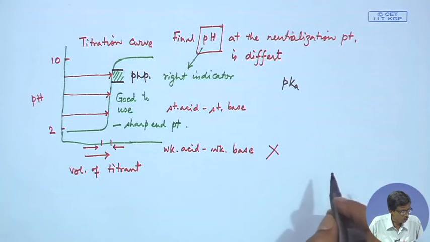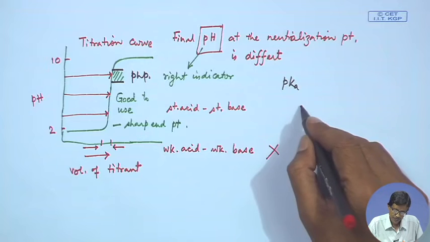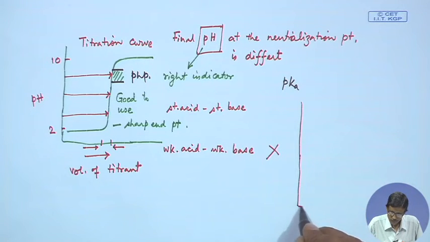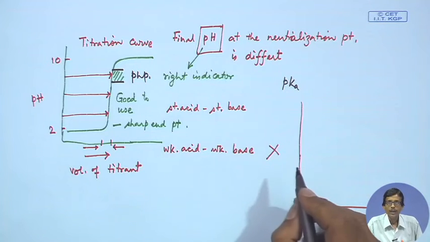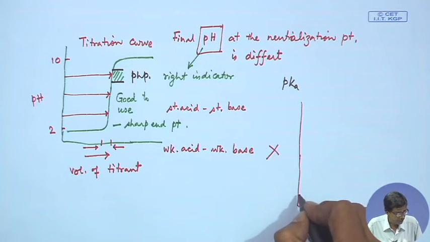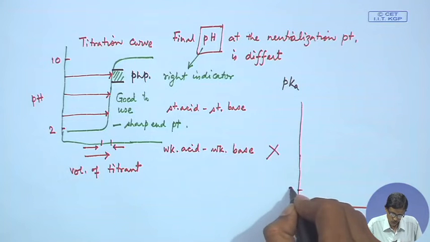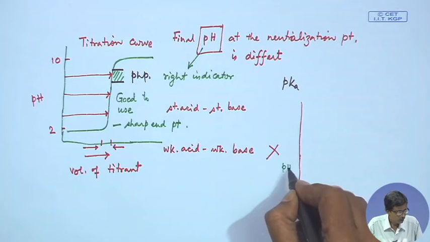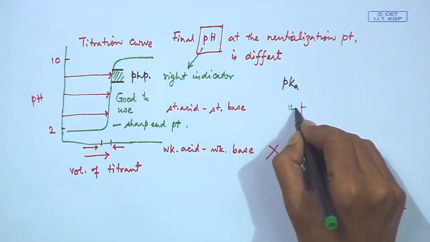Okay. So, this is a very interesting thing to know, how good the plot is. But if we move to a different titration, the example for that is where the pH value changes from less than 2 to say 14.